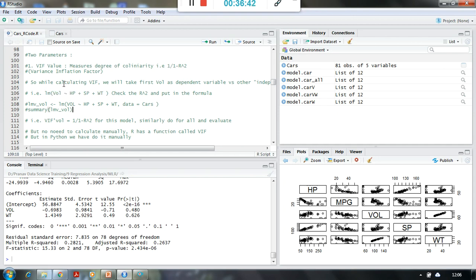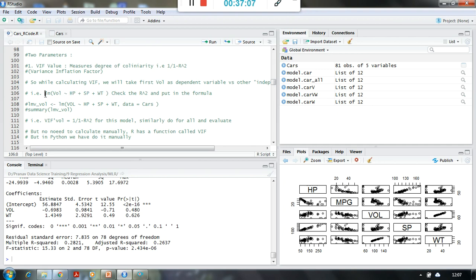So while calculating the VIF value, we have to take each and every input variable as an output variable, and the remaining input variables as inputs. Here you will see that there is no MPG available. So one by one, I am going to take an input variable as the output variable, and the remaining 3 variables will be my input variables.